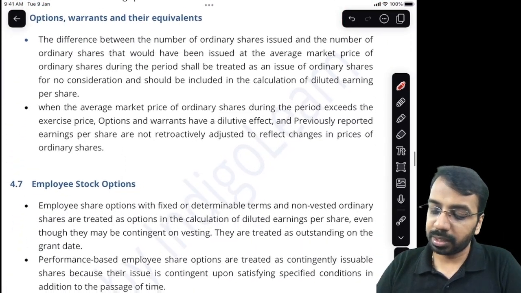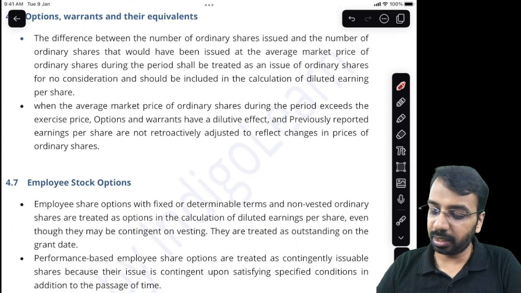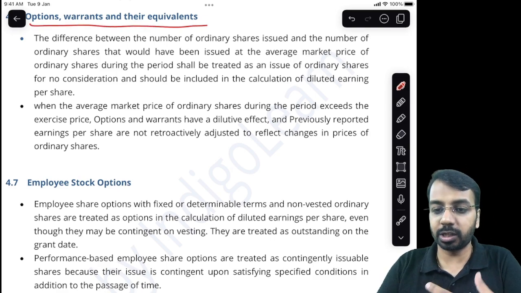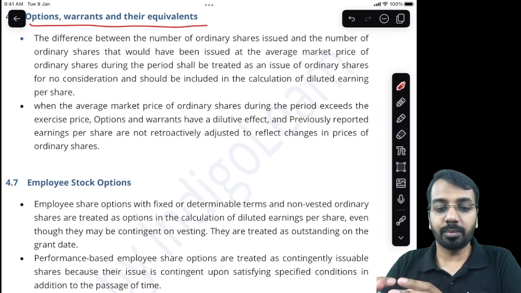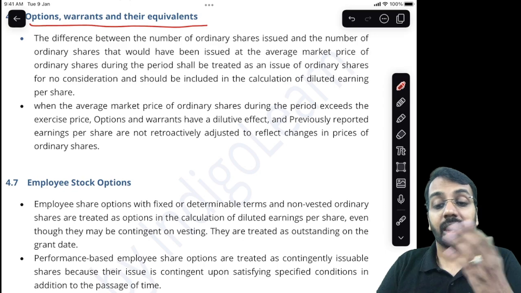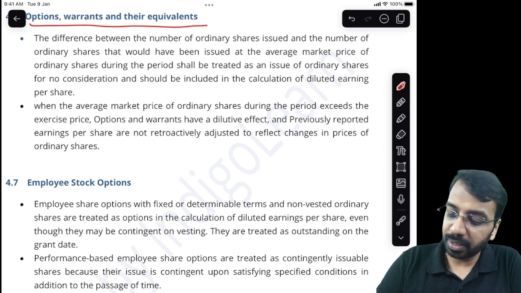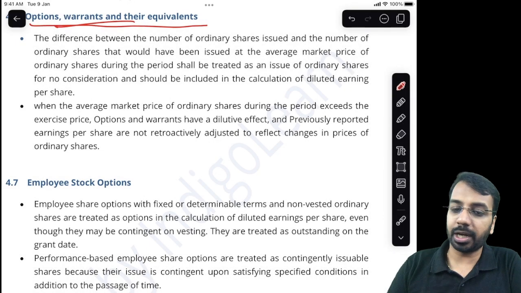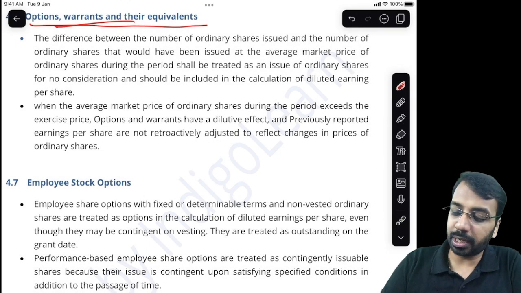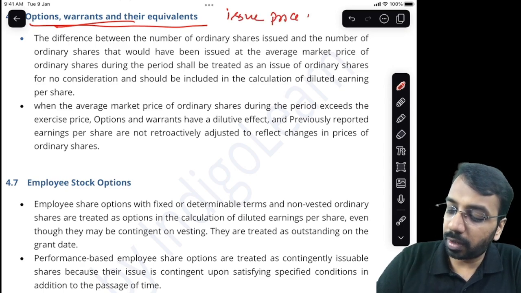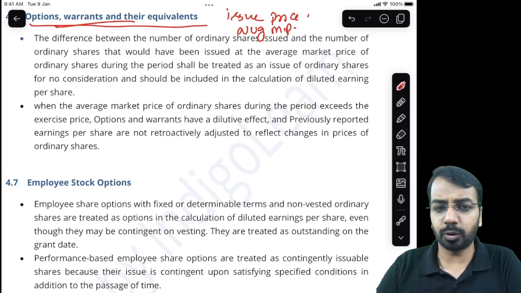Okay. Now, some specific aspects that we need to understand here is that whenever we have options, warrants or similar things, warrants means you have given some instrument to the other party, who can pay some amount and get some shares. So these are potential shares. Now whether they are dilutive or not, for that what we need to check is what is the issue price versus what is the average market price, or sometimes we can also refer to the fair value.